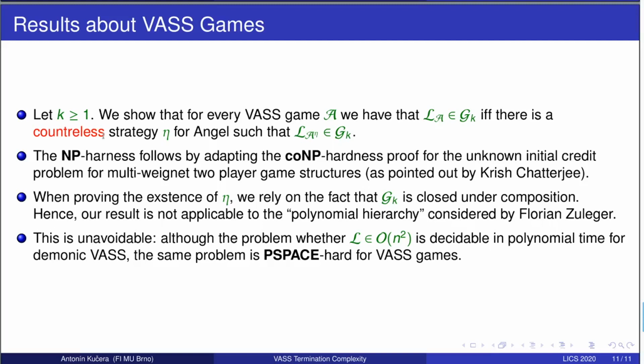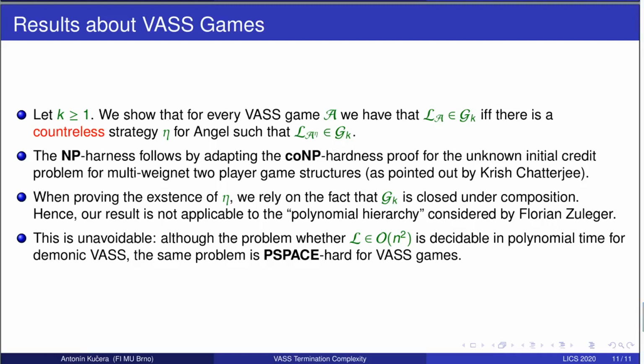So using this result, we can design an NP algorithm which simply guesses an appropriate counterless strategy for the player Angel, then applies this strategy to the VASS game A by resolving the non-deterministic choice in all angelic states according to the strategy eta, and then the algorithm checks whether the termination complexity of the resulting demonic VASS belongs to the class G_k. This can be achieved in polynomial time by using the algorithm presented earlier.